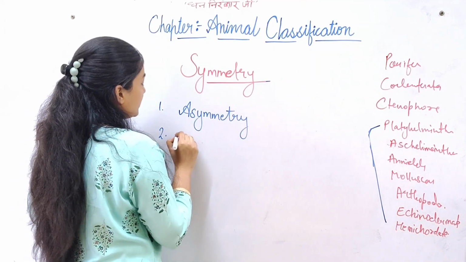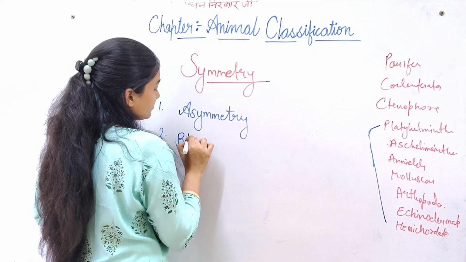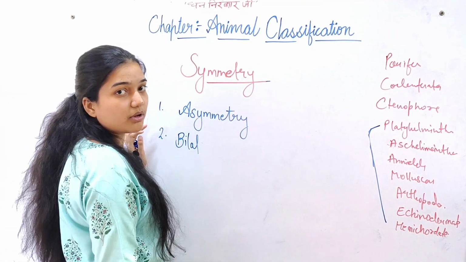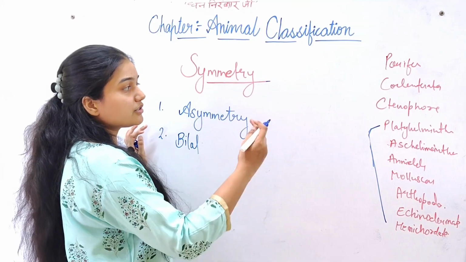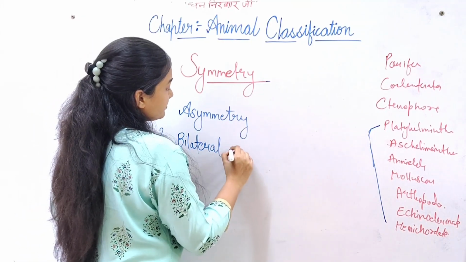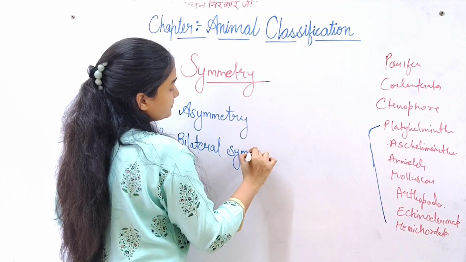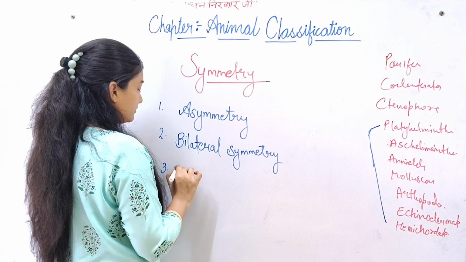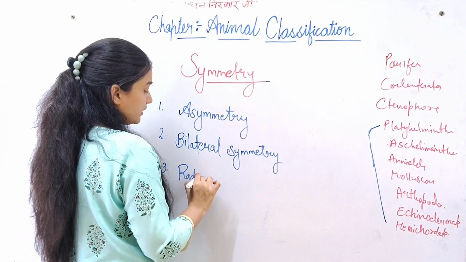Second one is bilateral symmetry, and third is radial symmetry.